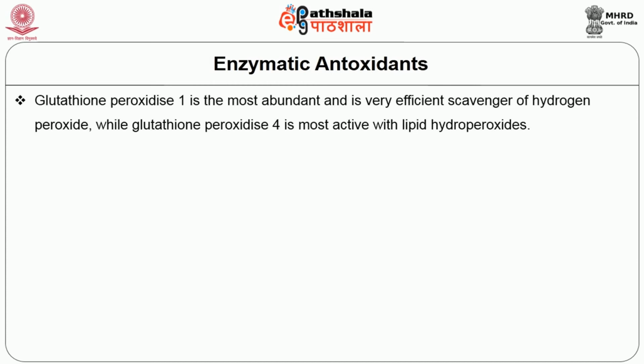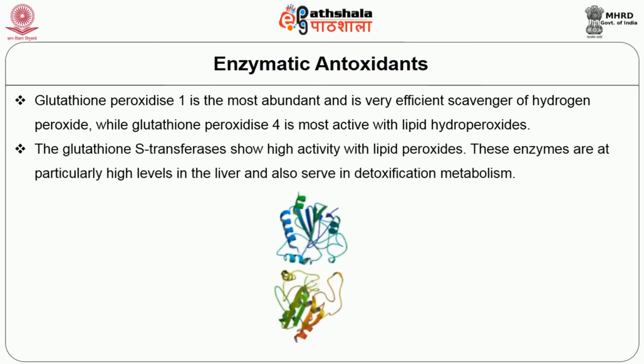Glutathione peroxidase 1 is the most abundant and is a very efficient scavenger of hydrogen peroxide, while glutathione peroxidase 4 is the most active with lipid hydroperoxides. The glutathione S-transferases show high activity with lipid peroxide. These enzymes are at particularly high levels in the liver and also serve in detoxification metabolism.